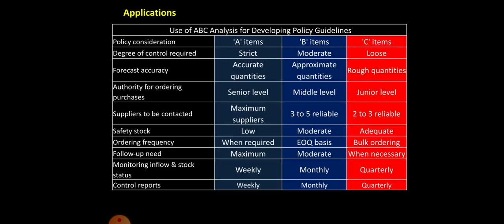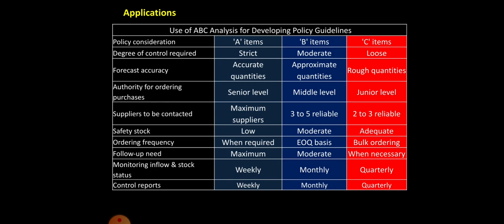Coming to the last part, that is the application part. In material management, ABC analysis is used in the areas needing selective control such as policy formulation, procurement planning, inventory planning and control, quality inspection and storekeeping.